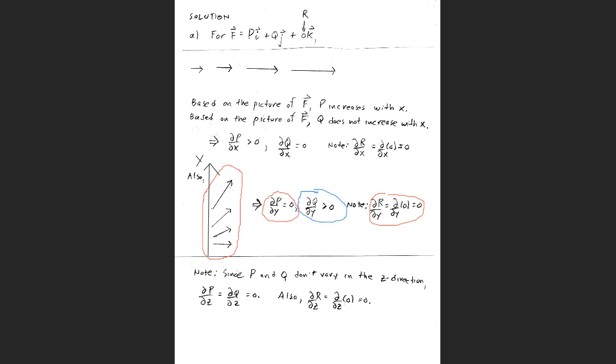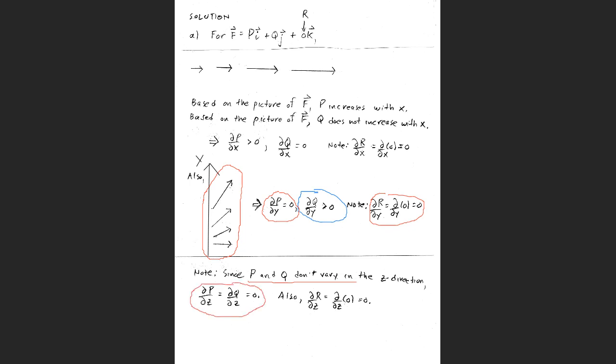Okay, and so now we have six partial derivatives, and there are only three more left. Well, P and Q don't vary in the z direction, so the partial derivative of P with respect to z equals the partial derivative of Q with respect to z. They both equal 0.